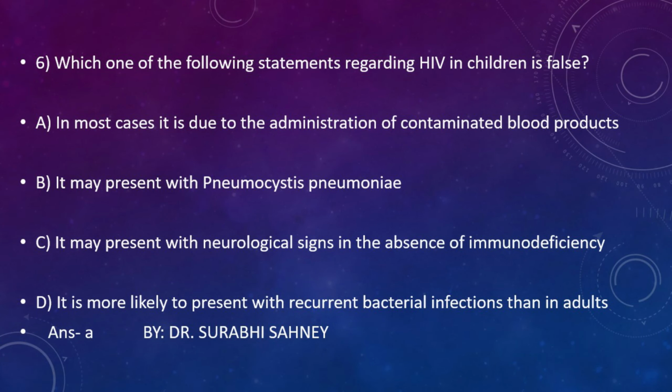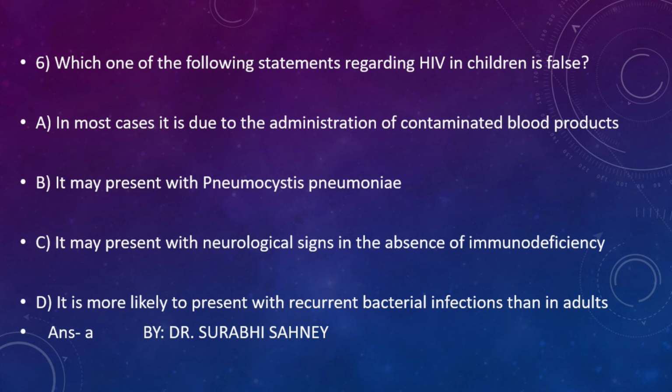Which one of the following statements regarding HIV in children is false? Make sure you read the question very well. Now it's asking about a false statement. The first option is, in most cases it is due to the administration of contaminated blood products. Option B, it may present with pneumocystis pneumonia.